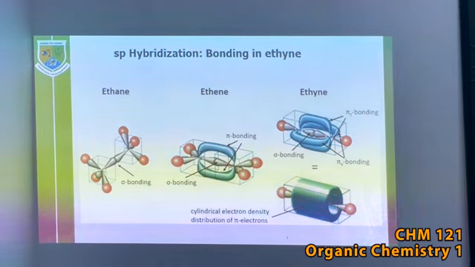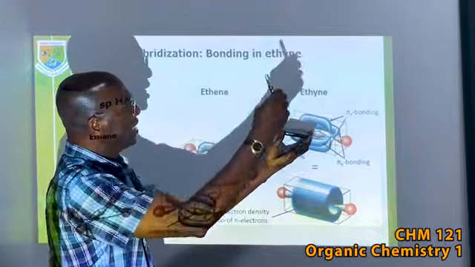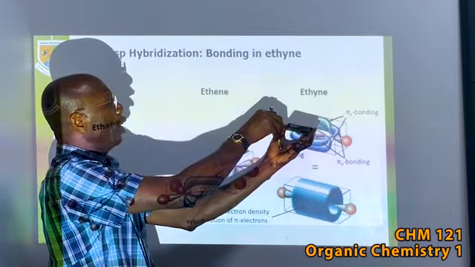So you have sp hybrid orbitals, two of them. One of them is used to form this sigma bond between the carbons, and then the other one is used to form a sigma bond, let's say with hydrogen. And then you have an unhybridized p orbital in one plane, and another one in the other plane. So we're looking at something like one going in, out, and the other one going up, down.